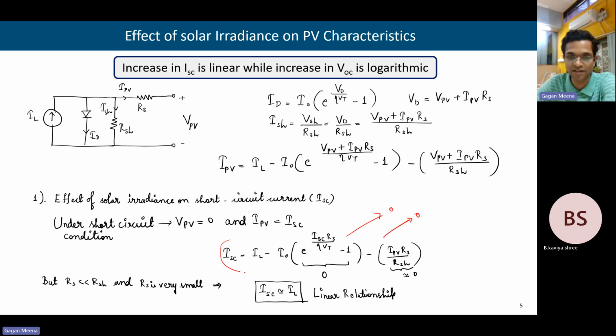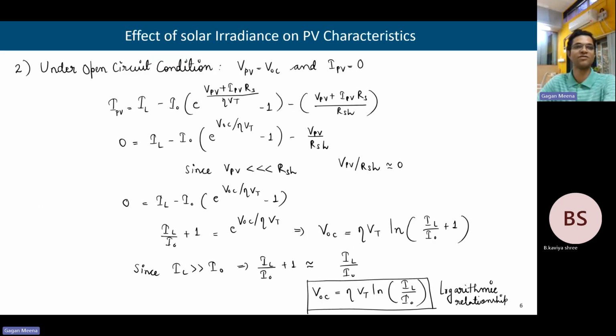That's why the short circuit current is approximately proportional to IL, the photo generated current. So it's an approximately linear relationship. If we increase the irradiance, the short circuit current will also increase linearly, and vice versa. If we decrease it, then it will decrease linearly.